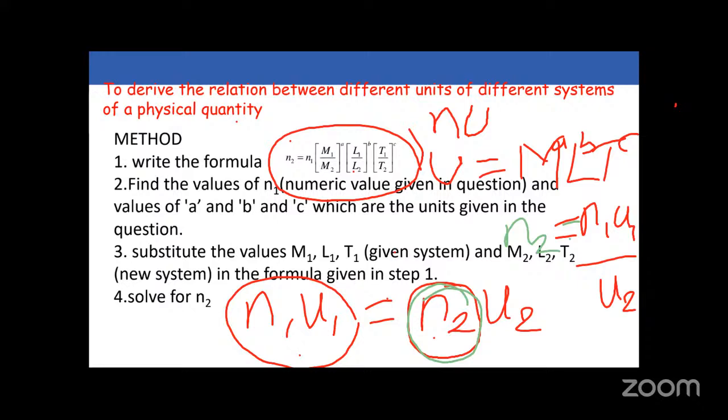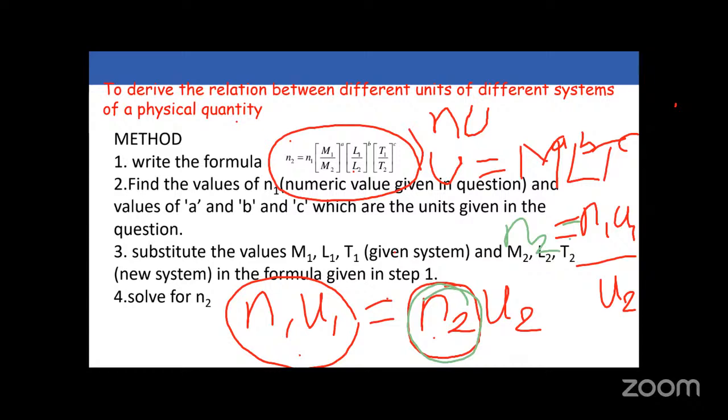So if you follow the guide, the method to go about the conversion, the first one is to write down the formula. The second is to find the values of N1, that is the numeric value given in the question, and the values of A, B, and C. A, B, and C are the powers to which the units are raised.